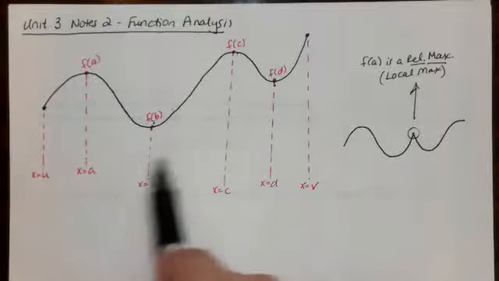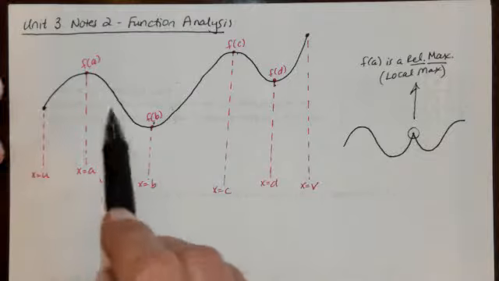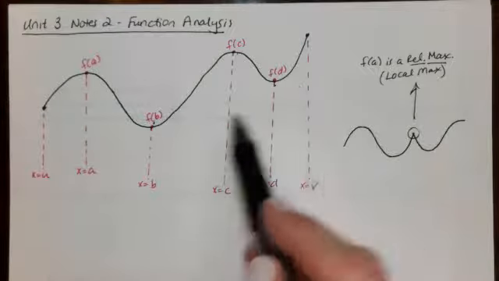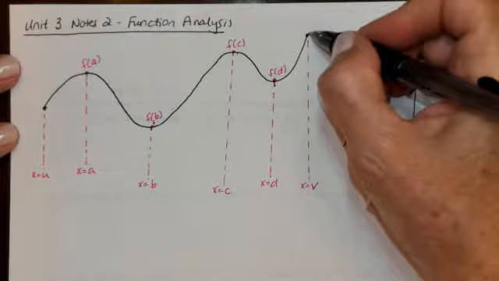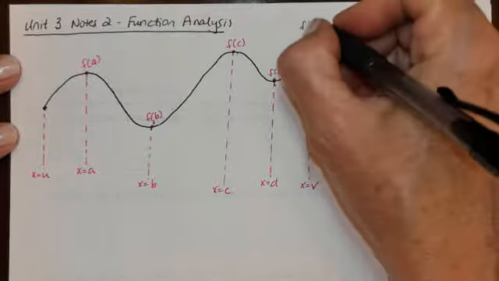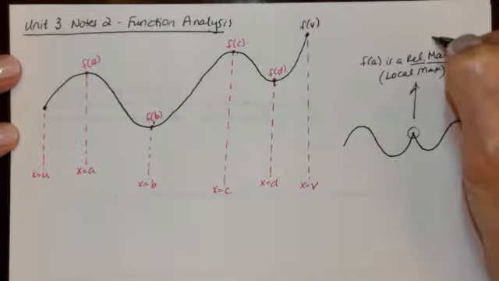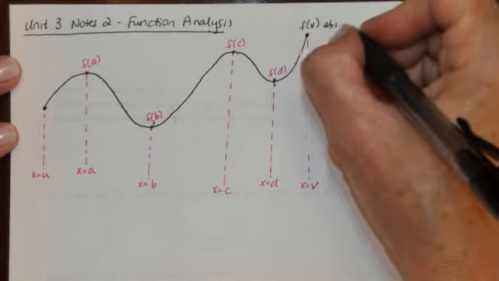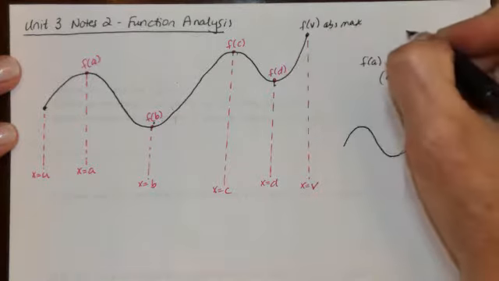Okay, so here I tried to make it clear what that absolute max and the absolute min would be. I didn't label that one, but let me label that f of v. F of v here would be the absolute maximum of the function.